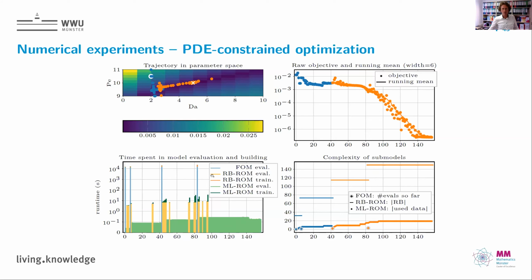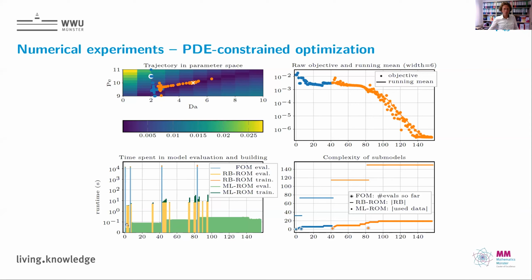And what you see here in these different colors is how often in this loop the full order model is actually needed and called, how often the reduced basis method gives an accurate result, and how often everything can be replaced by just using the machine learning model, which is really fast. So you see in the logarithmic scale here the CPU time, which means that you have a huge CPU time if you need to call the full order model and solve the full underlying system.